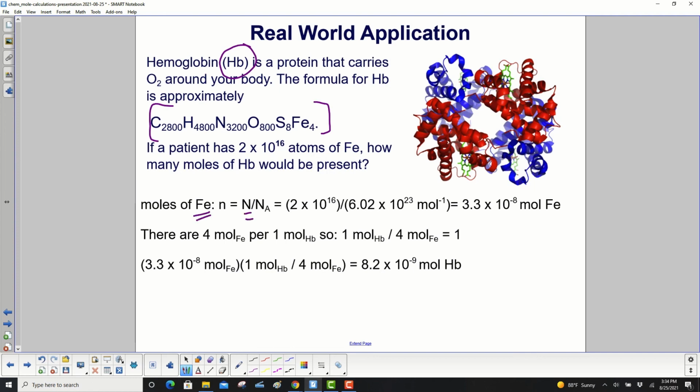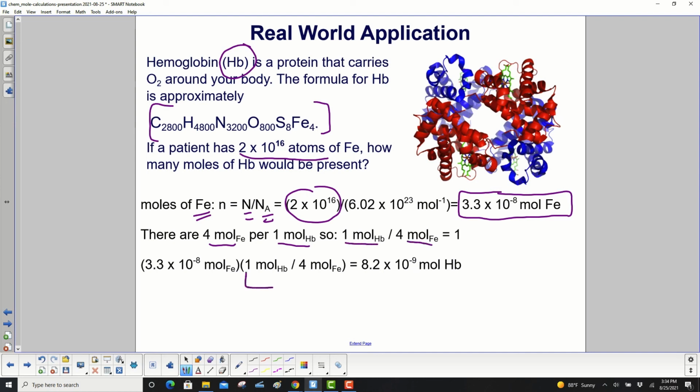That's going to be N over Na, where Na is Avogadro's number. So here's our 2 times 10 to the 16th atoms, which was a given, divided by Avogadro's number, and we get 3.3 times 10 to the minus 8th moles of iron. Now, there are 4 moles of iron for every 1 mole of hemoglobin. So we have a unit conversion factor here of 1 mole of hemoglobin divided by 4 moles of iron, which will give you 1.